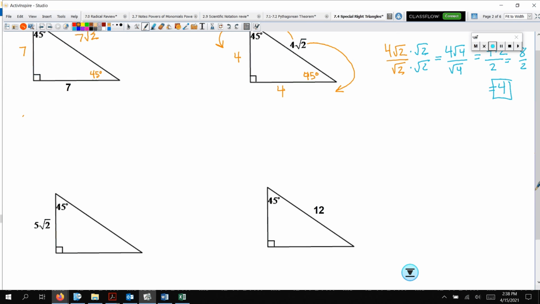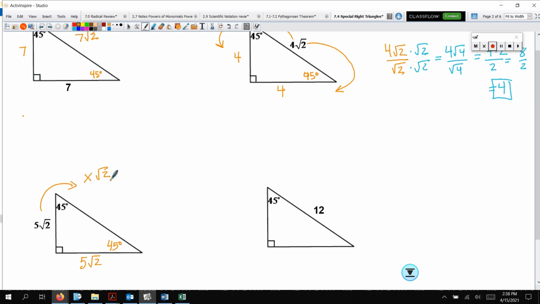All right, moving on to the next example here. Here in this triangle, this is my 45, 45, 90 special right triangle. The leg is 5 root 2. That means this leg is also 5 root 2. To find the hypotenuse, we multiply by root 2.